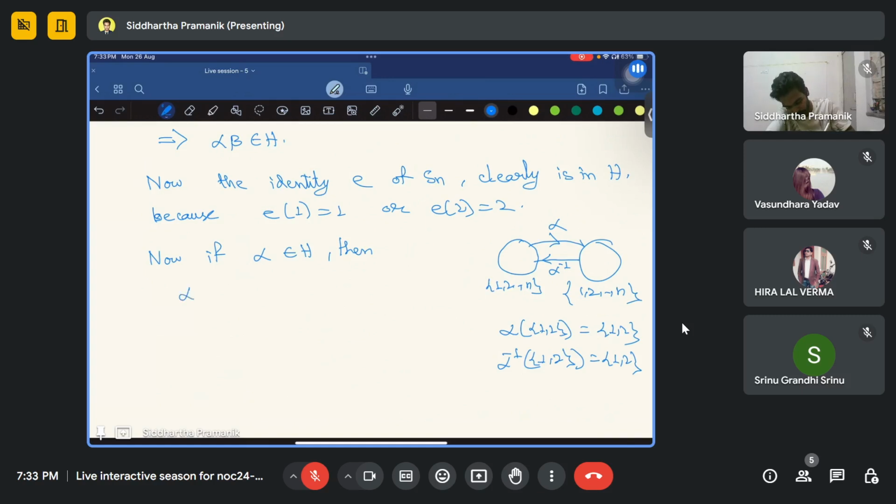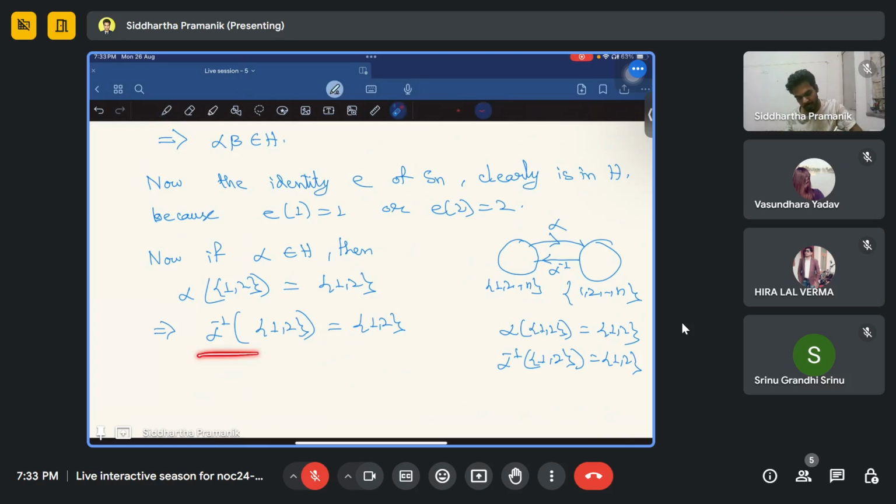So alpha of {1, 2} is the same set {1, 2}. So this implies alpha inverse of {1, 2}, this means the inverse image of this set under alpha.